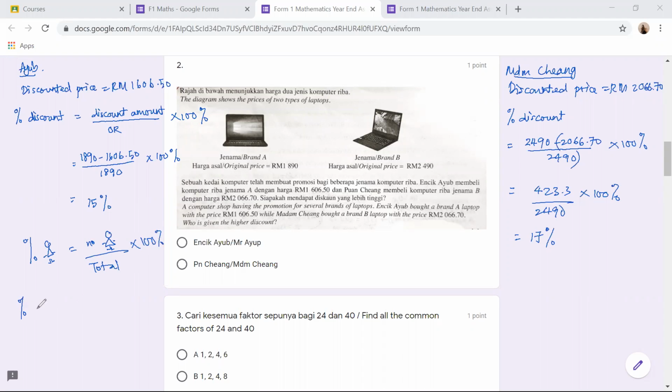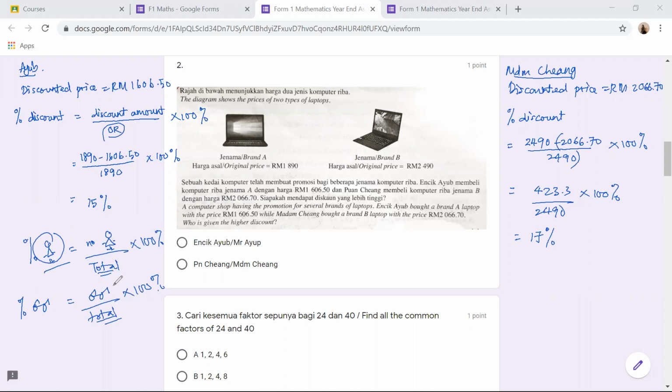The number of students who wear glasses, you just take the number of students who wear glasses over the total students in the class times 100%. And actually the total will indicate the original value. So whatever percentage you want to find, that amount over the original times 100%. That is the formula to find the percentage.